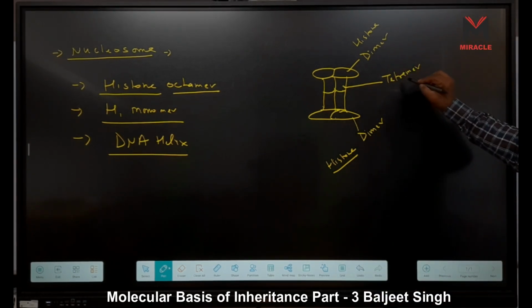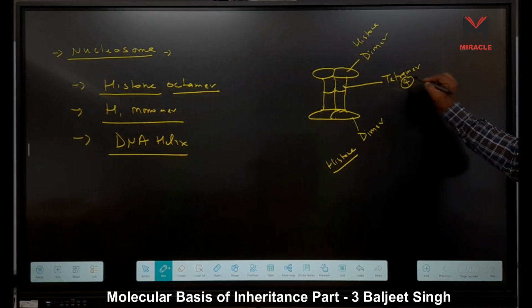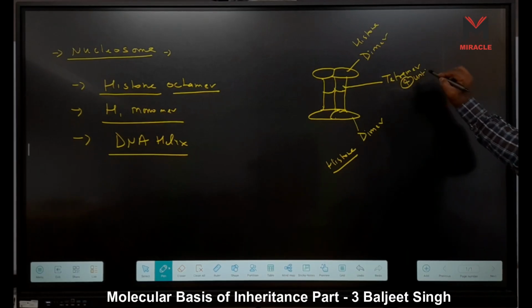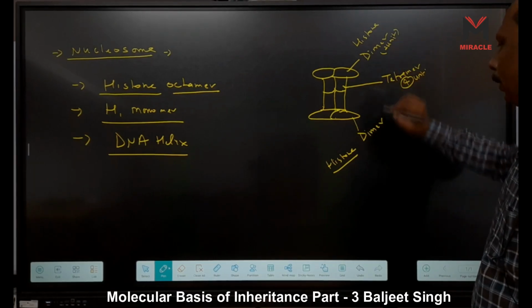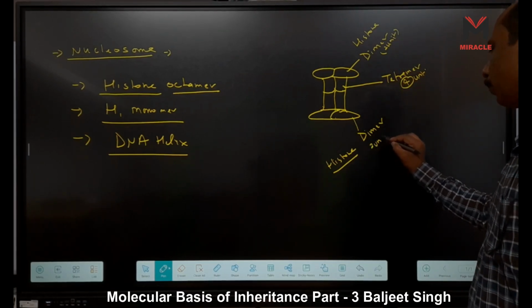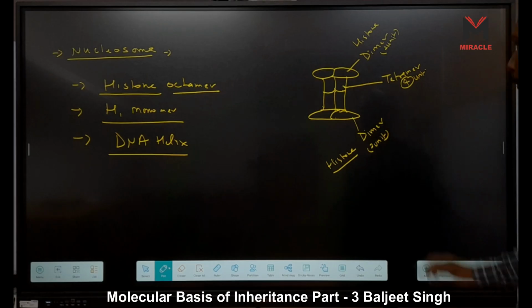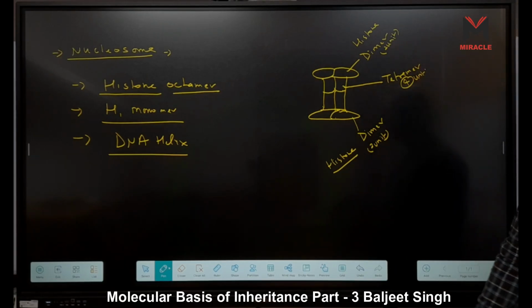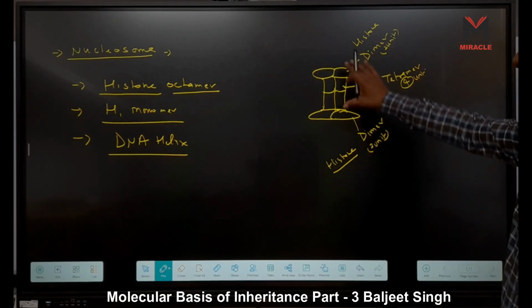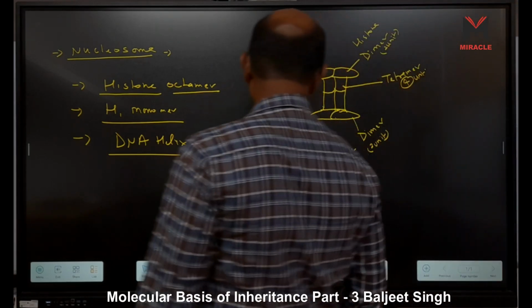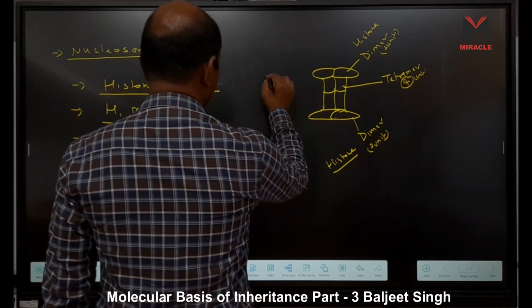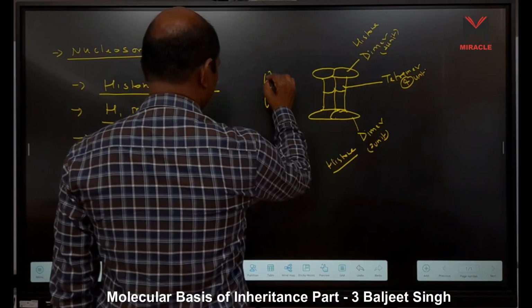Tetramer means it is made up of 4 units. This one is 2 units, and this one is also made up of 2 units. That's why it is called a dimer. Now total means 4 plus 2 plus 2 is 8. 2 dimers and 1 tetramer are here, right? Okay, now you see here, this one is a monomer protein.